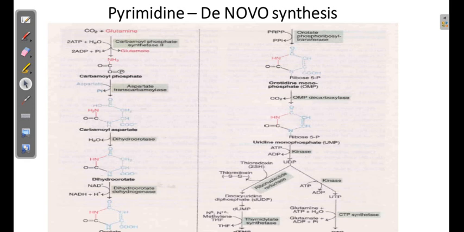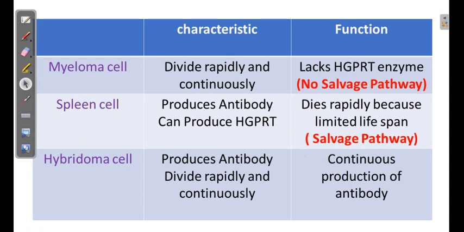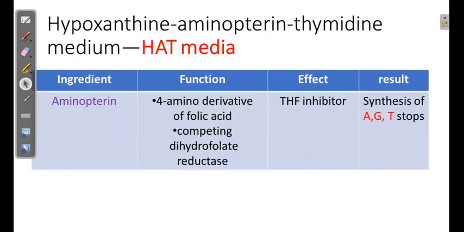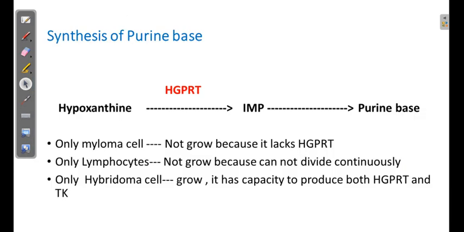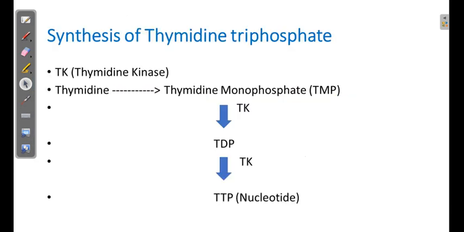To synthesize cytosine, there is no function of tetrahydrofolate or dihydrofolate, and that is why the cytosine pathway is not going to be inhibited. Aminopterin can only inhibit the synthesis of thymidine, adenine and guanine, and that is why the media we are using supplement the requirement for hypoxanthine, ultimately adenine and guanine, and thymidine, but not cytosine. So that is how this HAT media works.